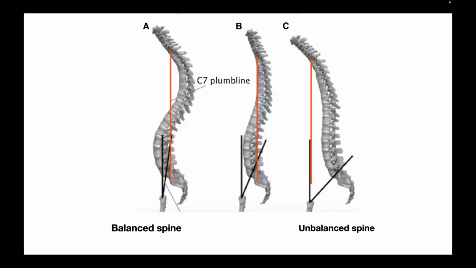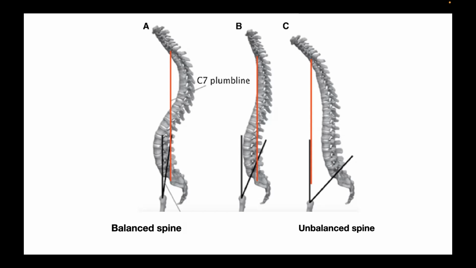But once this compensatory mechanism also fails, the final stage of unbalanced spine occurs, where the patient will have a stooped posture with all signs of pelvic tilt and flexed hip posture and flexed knee posture. This is mainly due to an unbalanced spine and a loss of sagittal balance.